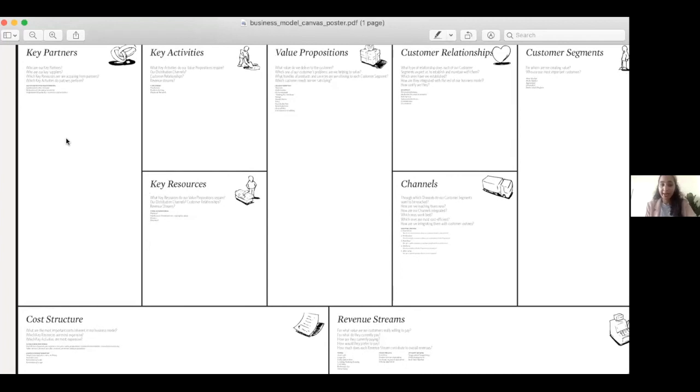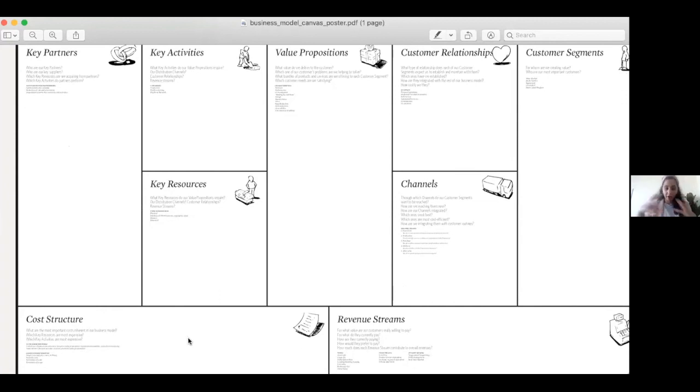So you have your key activities that you need to do to deliver your value proposition, your key resources that you need to run your service, your key partners that would add that extra layer to your value proposition. And then you have your cost structure.